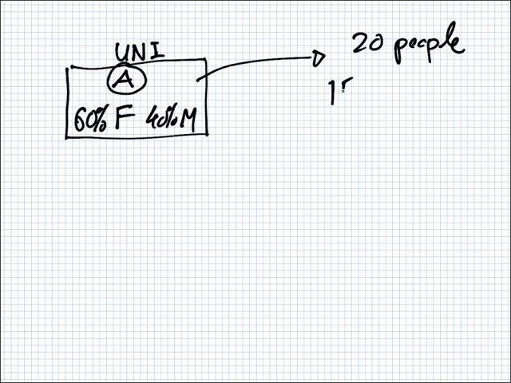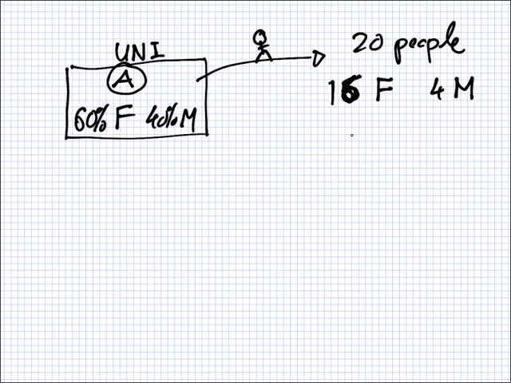Let's say 16 of them are female and 4 of them are male. And the person is selecting these 20 people.